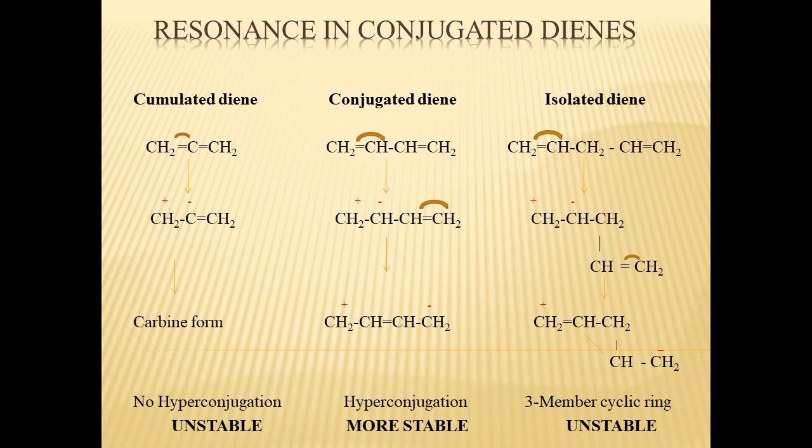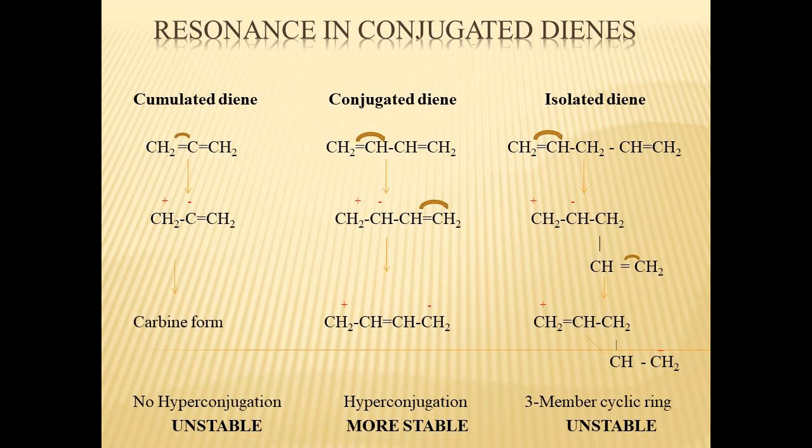Why? Because hyperconjugation cannot be created. Next one is the conjugated diene: CH2 double bond CH, single bond CH, double bond CH2. The first and second carbon's double bond breaks, giving a plus and minus.